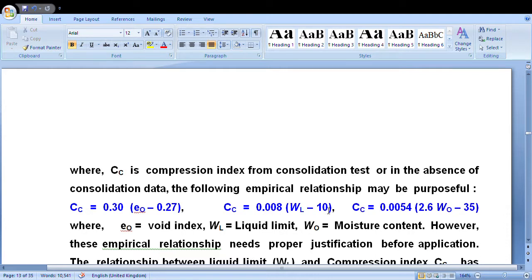At the same time, there are a lot of other empirical relationships.